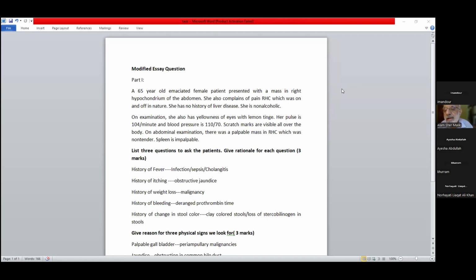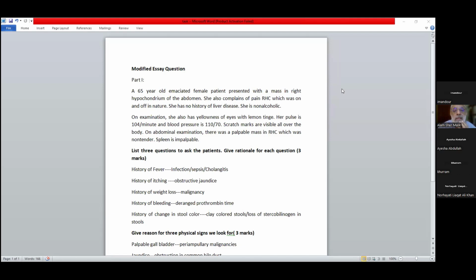Okay, while Imandur is doing that, let's look at this question being posed here, the modified essay question, part 1. Please go ahead. Sir, being a surgeon, I selected it from my clinical scenarios. Part 1: a 65-year-old emaciated female patient presented with a mass in the right hypochondrium of the abdomen.